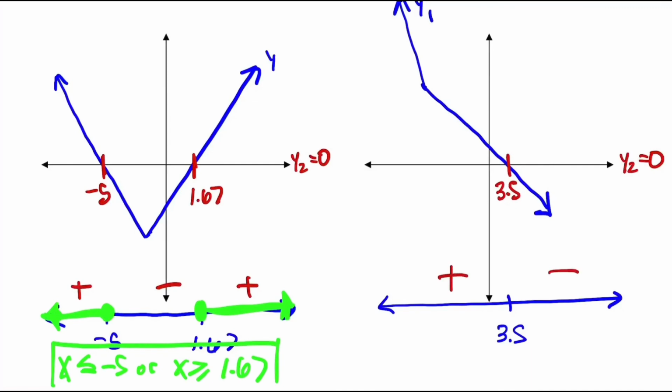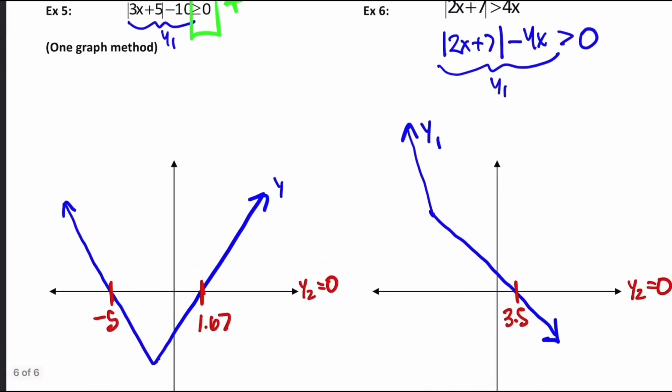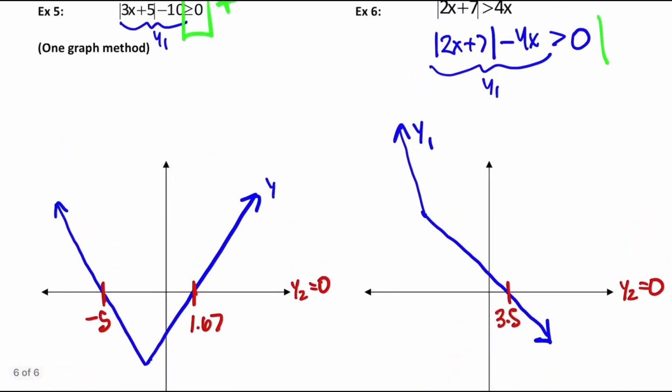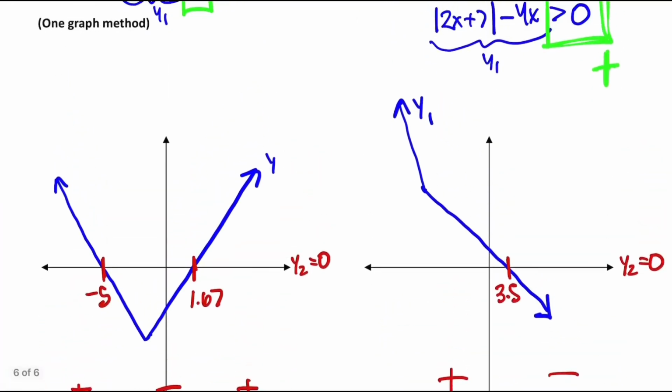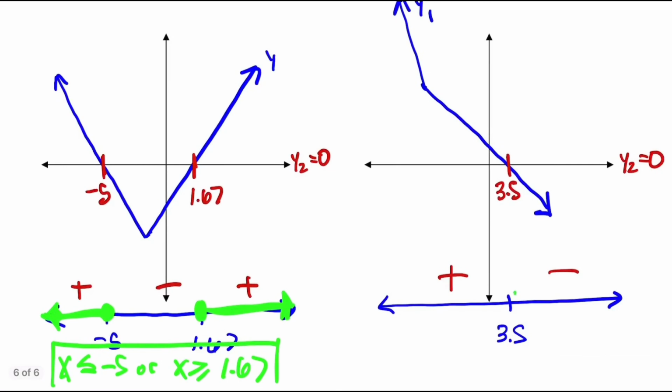There's only one number there, so I only have two intervals. According to the question, you want the piece that is greater than 0. That's positive. So I want the positive piece. Notice it's not or equal to, so that means open circle, shaded this way. And that would just be x is less than 3.5.